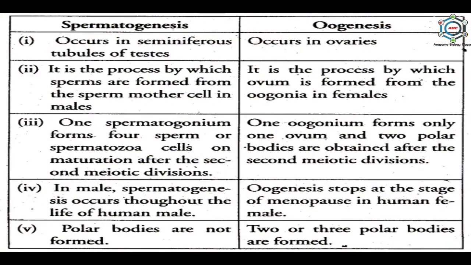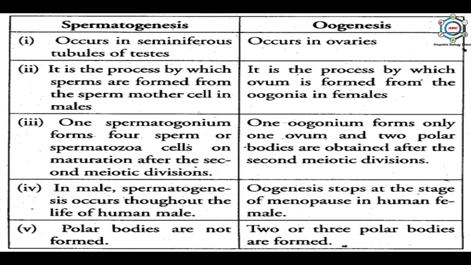Now, the differences in spermatogenesis and oogenesis. Spermatogenesis occurs in the seminiferous tubules of the testes, and oogenesis occurs in the ovaries. Spermatogenesis is the process by which sperms are formed from the sperm mother cell in the male, while oogenesis is the process by which the ovum is formed from the oogonia in females.